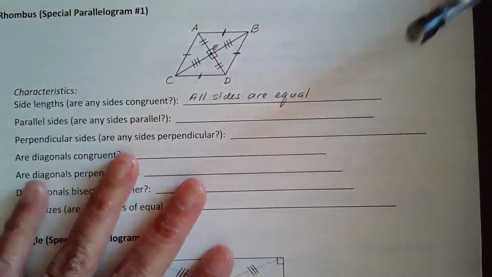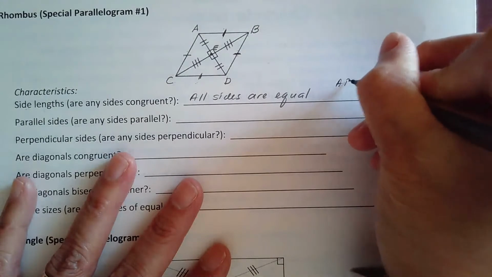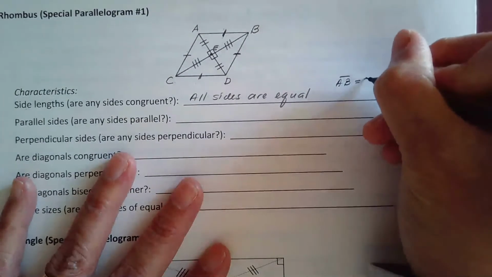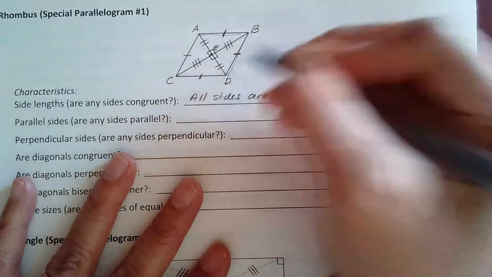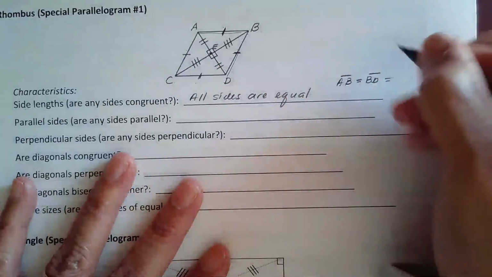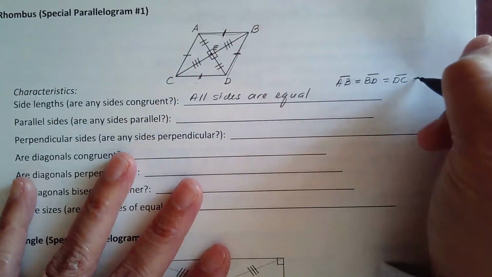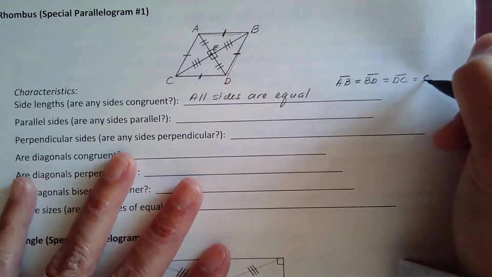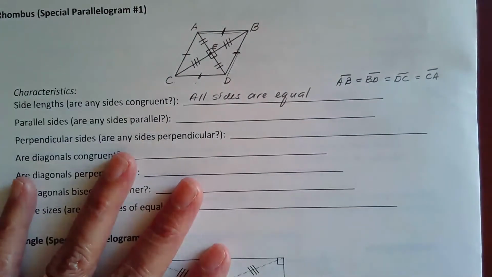So AB is equal to BD, equal to CD or DC, doesn't matter, is equal to CA or AC. They're all equal to each other.